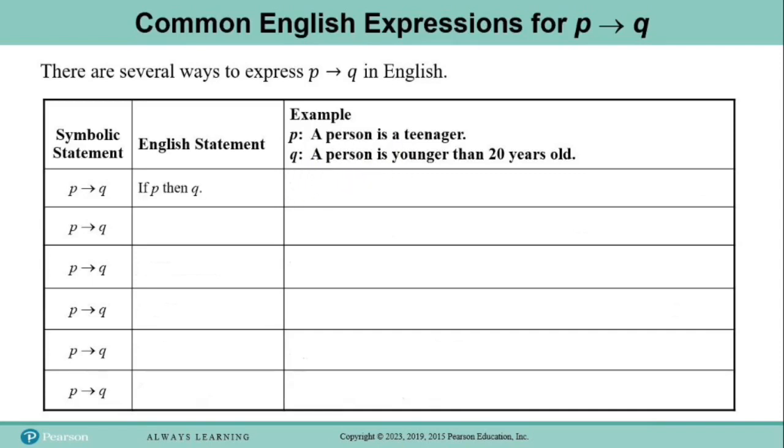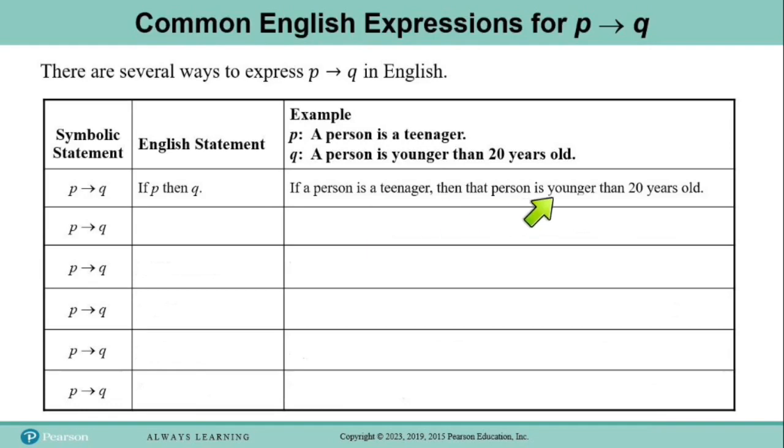So our first English statement, if P, then Q. That's the one that makes the most sense to us. That's the way that we literally read this when we see these symbols, if P, then Q. So that one's the easy one. And our example is going to say if a person is a teenager, then that person is younger than 20 years old.